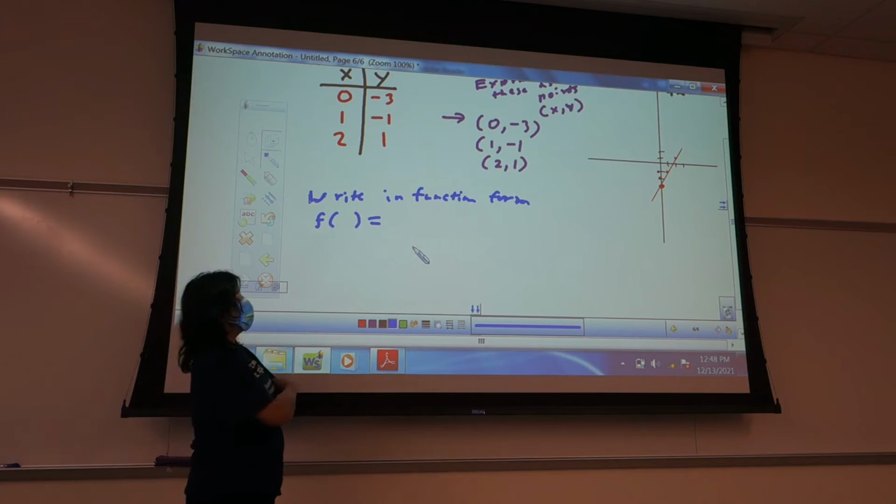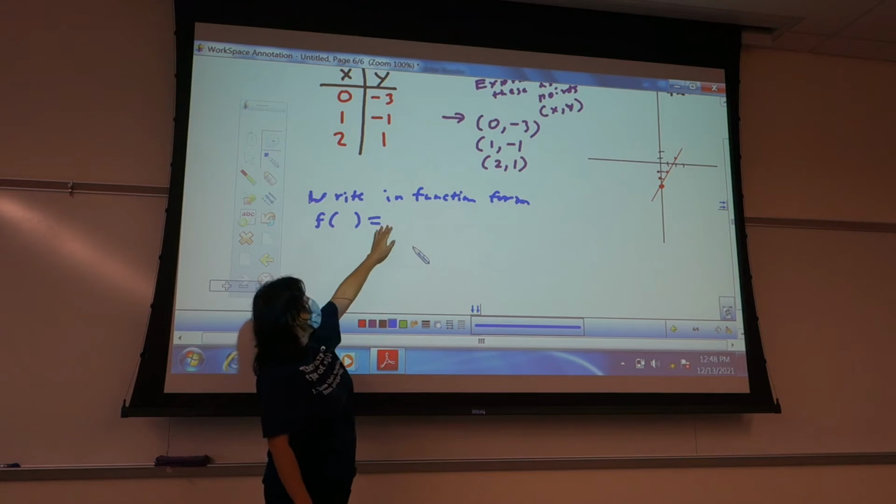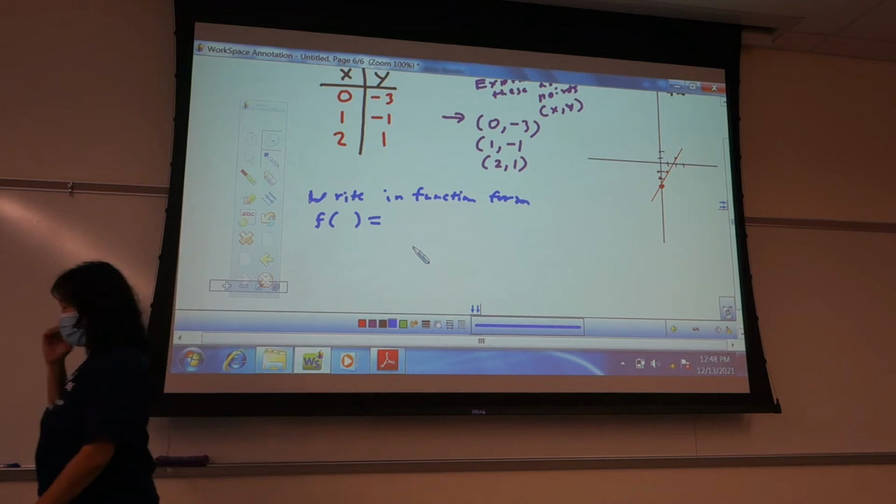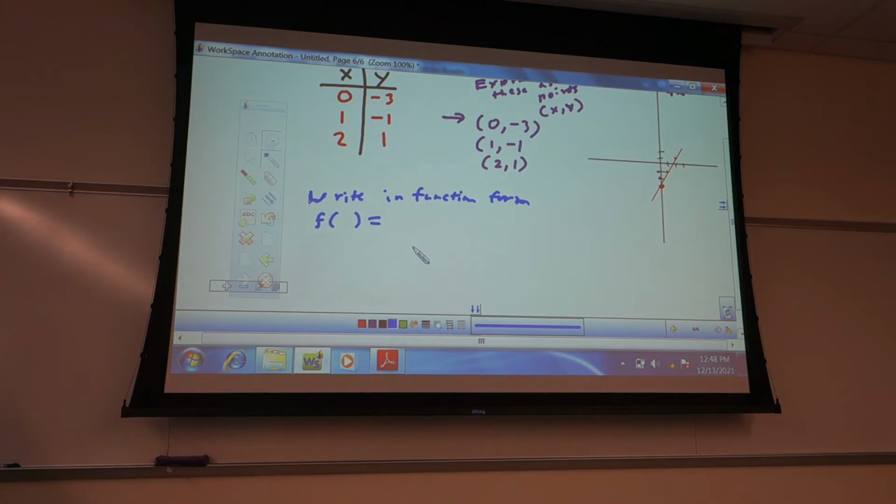So you need to fill in these blanks. That might be a good thing to have on your note card. And actually, I'll give you an example: f of 2 equals 3, for example. That's not yours, but this is an example.